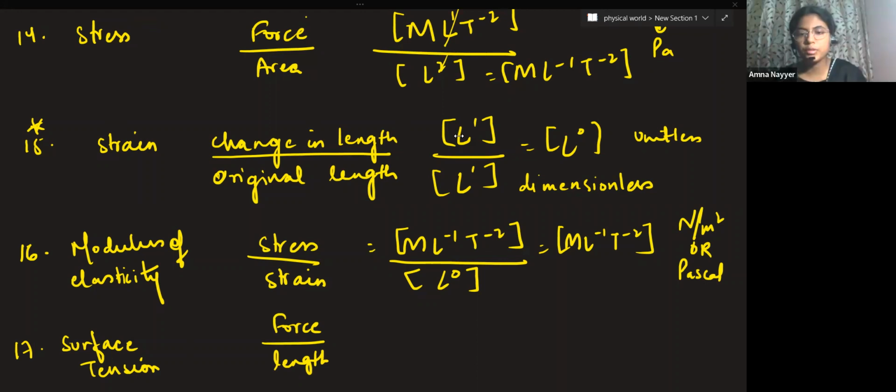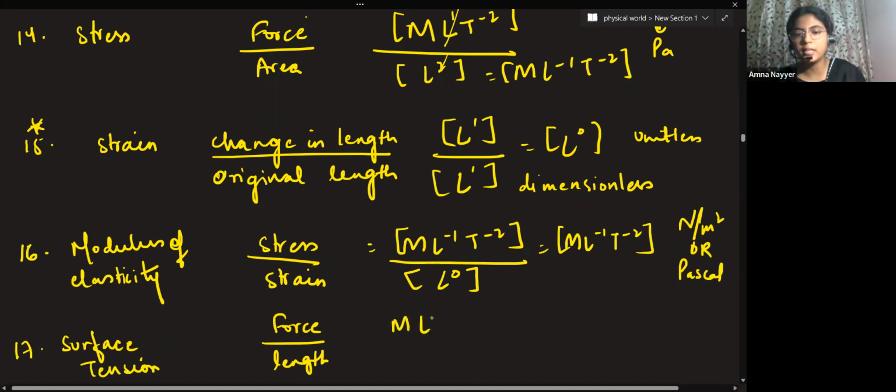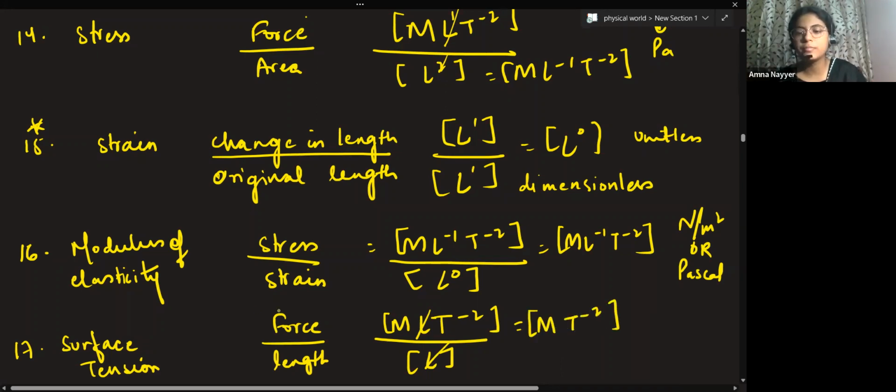So for force, you have M L to the power 1, T to the power minus 2. Length is L, so length gets cancelled, and the dimensional formula you get is M T to the power minus 2. See, SI unit of force is Newton divided by the SI unit of length, which is meter.